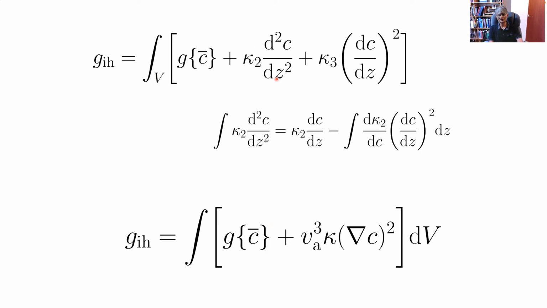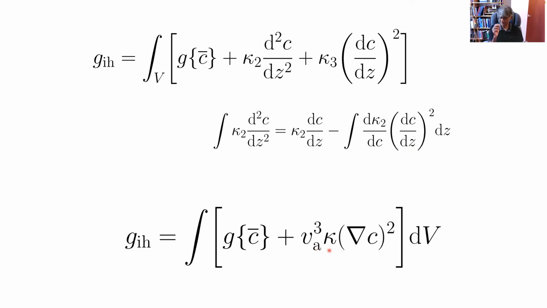Notice this term has disappeared again because we have a gradient here, and free energy can't depend on the sign of the gradient. So we end up with just terms in the gradient squared, okay? And this is the volume per atom, and kappa is called the gradient energy coefficient, okay?